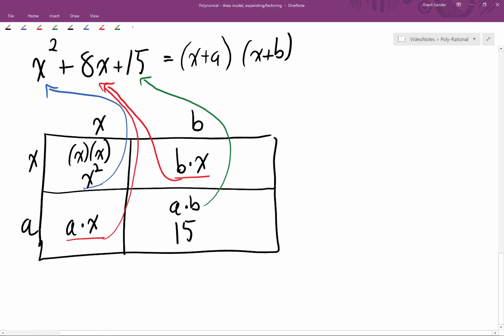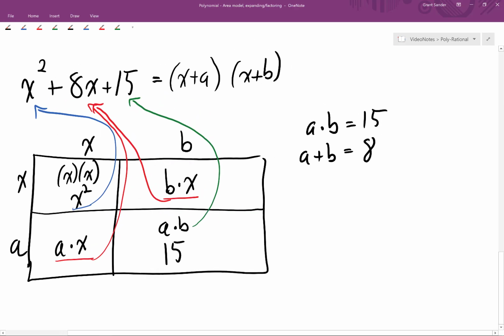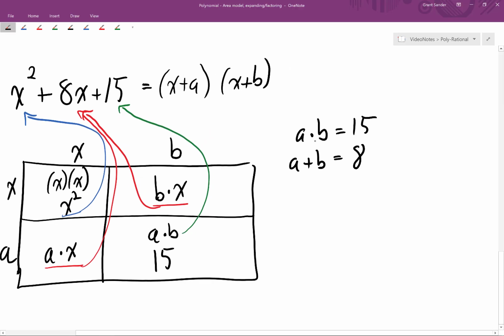So if we start putting some of those things together, we know that a times b has to give us 15, and a times x plus b times x has to give us 8x, which tells us that a plus b has to give us 8. So to factor this, what we need to do is find two numbers a and b where a times b is 15 and a plus b equals 8.